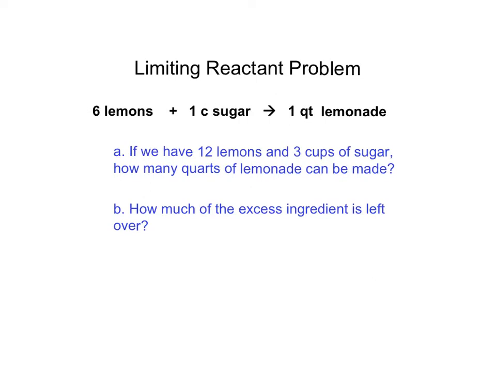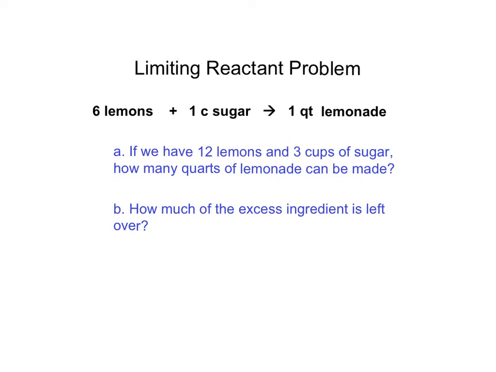And if you think about it, your normal thinking is to say, okay, if I have 12 lemons in the kitchen and it's a 6-to-1 ratio for the recipe, then I would need 2 cups of sugar. So 12 to 2 would be the same as 6-to-1. And if that's the case, then I'm going to have some extra sugar.